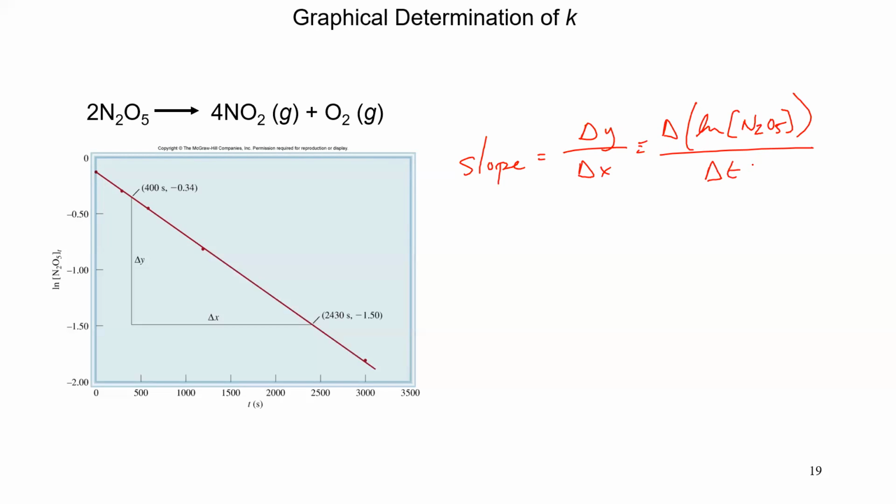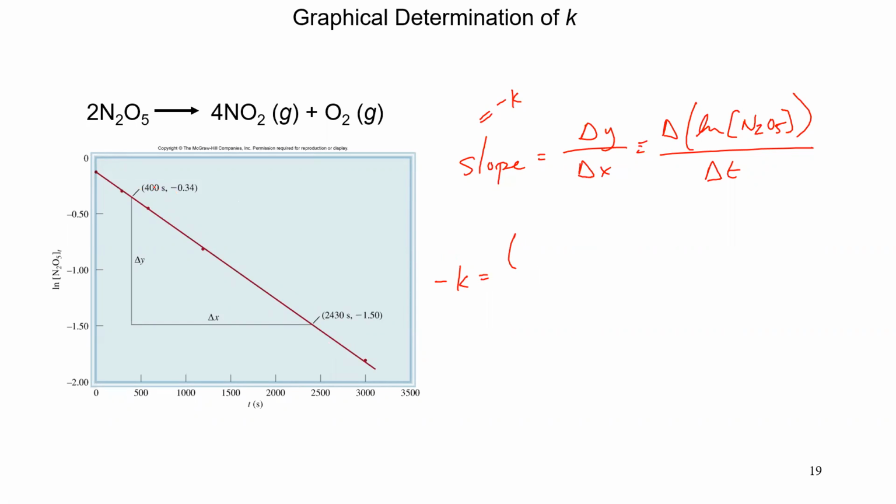And if all we had was data, we could do this by hand if we really wanted to. They've given us a couple of data points here. And so our slope, remember, is equal to negative k. So negative k is equal to that change in concentration.